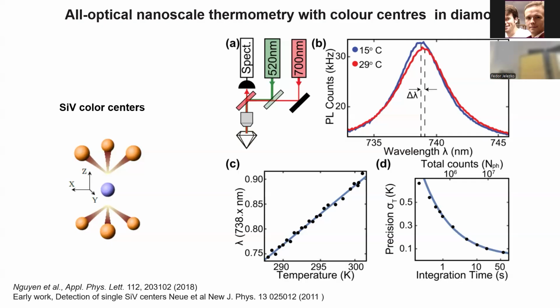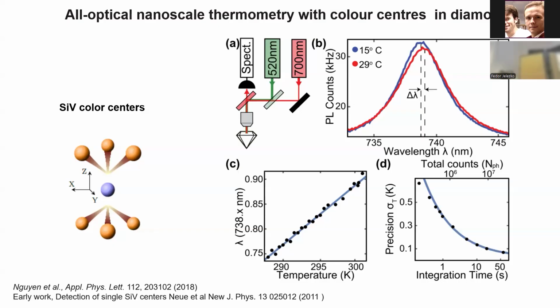But the narrow optical emission gets a shift with temperature, and the origin of this is very similar to that of the shift of ODMR of the NV center. Also here, in the simplest model, the wave function of the electron gets more expanded, and that leads to the shift of the optical transition, and this shift is about a wave number per degree Celsius.